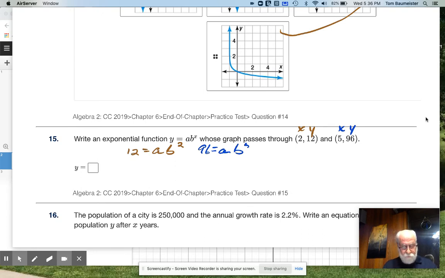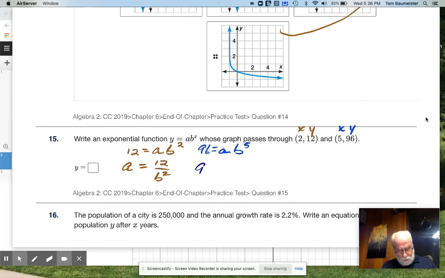I told you to solve the one with the smaller exponent on b, solve that for a. So I would divide both sides by b squared, so a is equal to 12 divided by b squared. And then you're going to plug that into your other one.